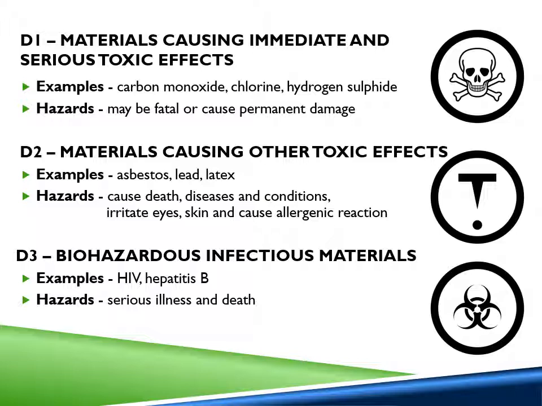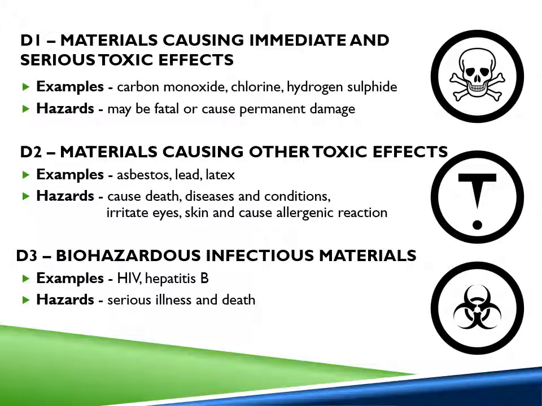Latency is the period of time, sometimes years or even decades, between initial exposure to a hazard and the appearance of an illness or disease. Other materials in this division may not result in serious harm or death, but still may have harmful effects to the worker, such as skin irritation or allergic reactions. Examples of these materials include asbestos, lead, and latex.